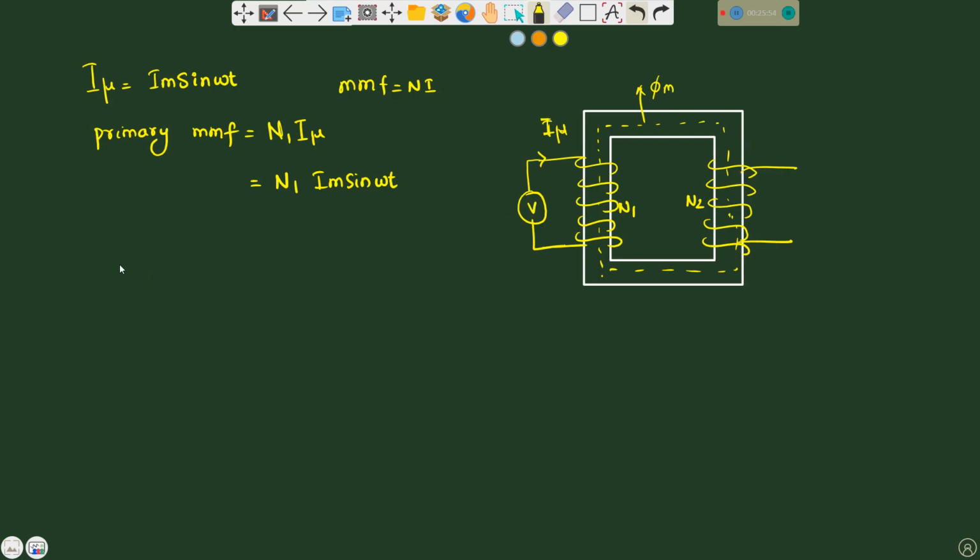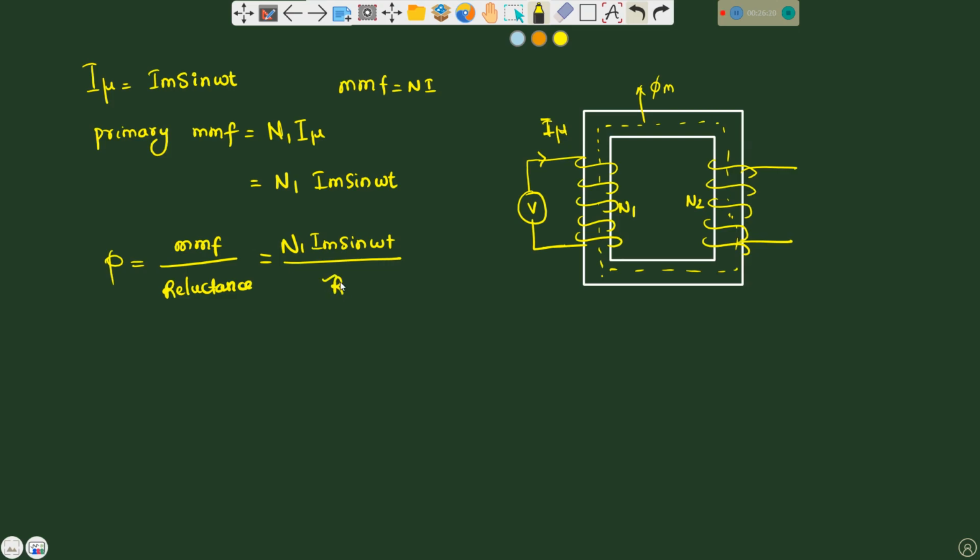So here we know that flux is nothing but MMF by reluctance, correct? Just now we have written N1 Im sin omega t, reluctance, resistance in electrical, reluctance in magnetic circuits.